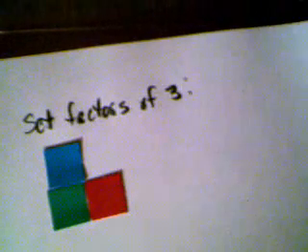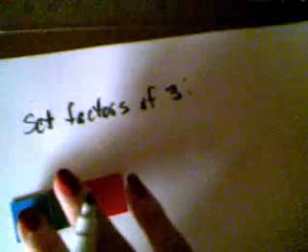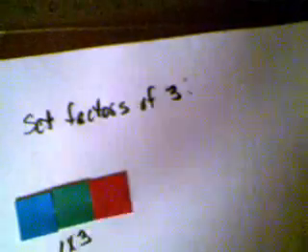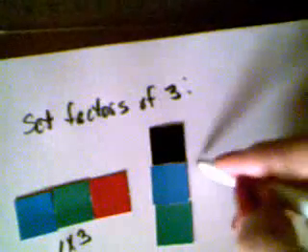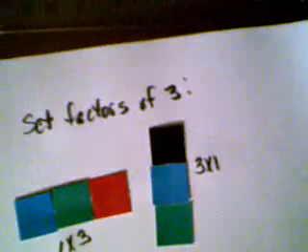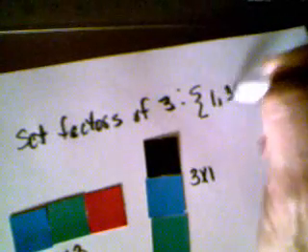And now I want to make all the rectangles that I can make out of 3. So I could make a 1 by 3, and I can make a 3 by 1. So the set of factors for 3 are 1 and 3.